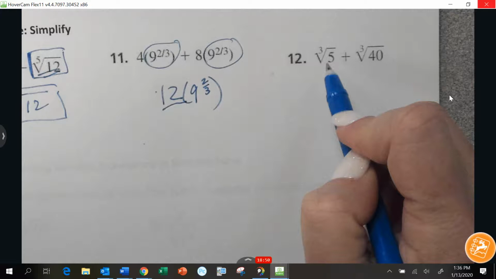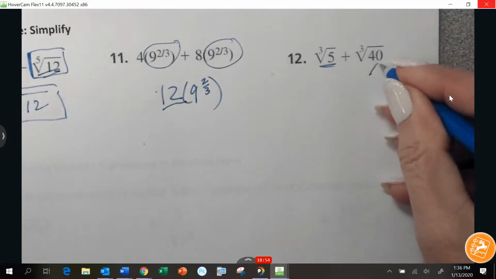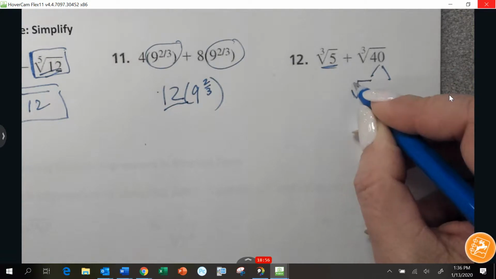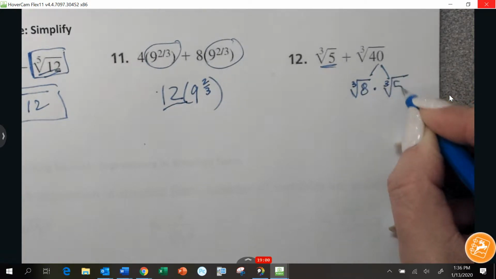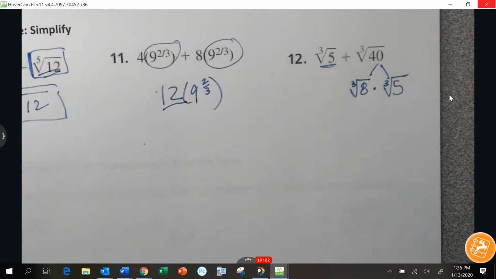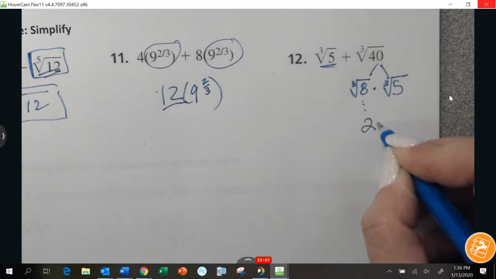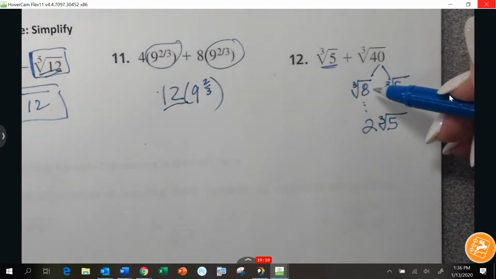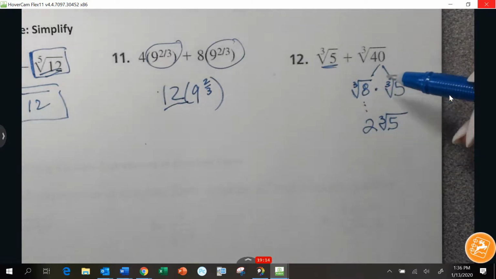So now we have a 5 here, and this does not match. So if we break it down to cube root of 8 multiplied by the cube root of 5, 2 cube root 5. We take the cube root of 8, which is why I chose 8, because it went into 40 and it's a perfect cube.